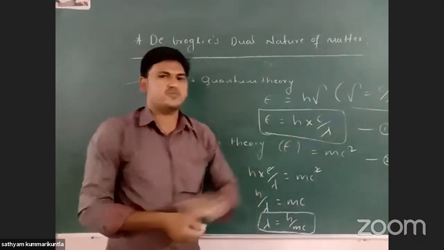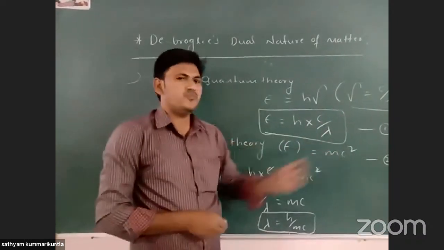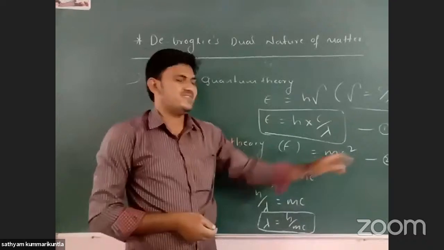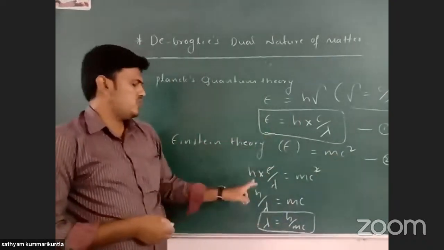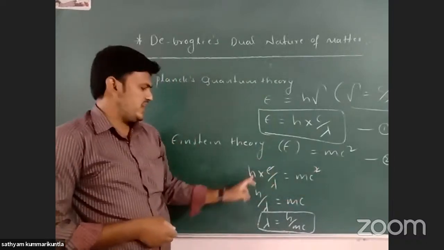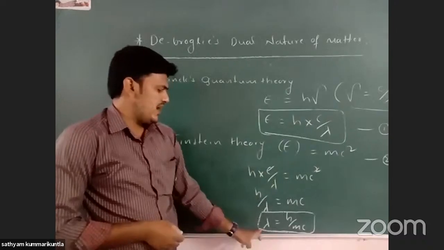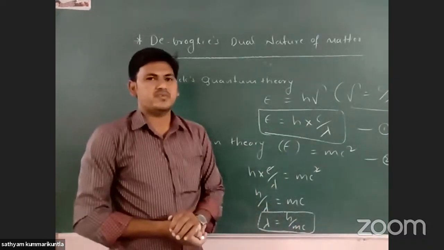That is the first principle. Second, according to Einstein's theory, E is equal to mc square. Comparing 1 and 2, h into c by lambda is equal to mc square. c cancels, remaining h by lambda is equal to mc. Then lambda is equal to h by mc.